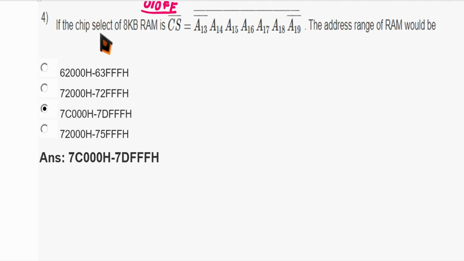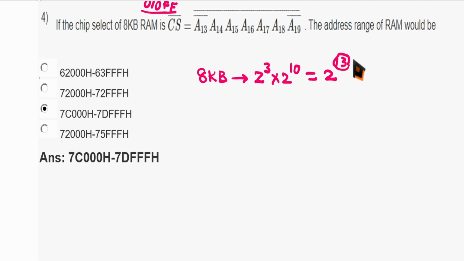If the chip select of 8 KB RAM is like this, the address range of RAM would be, we have to compute. An 8 KB RAM will require 2 power 3, that means 8 KB, where KB is 2 power 10, so 2 power 13. So 13 address lines or 13 bits will be required to address 8 KB RAM.